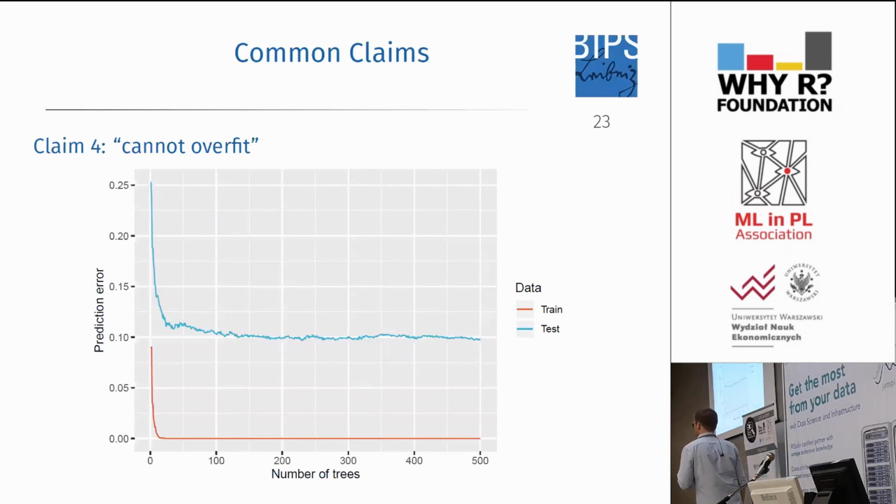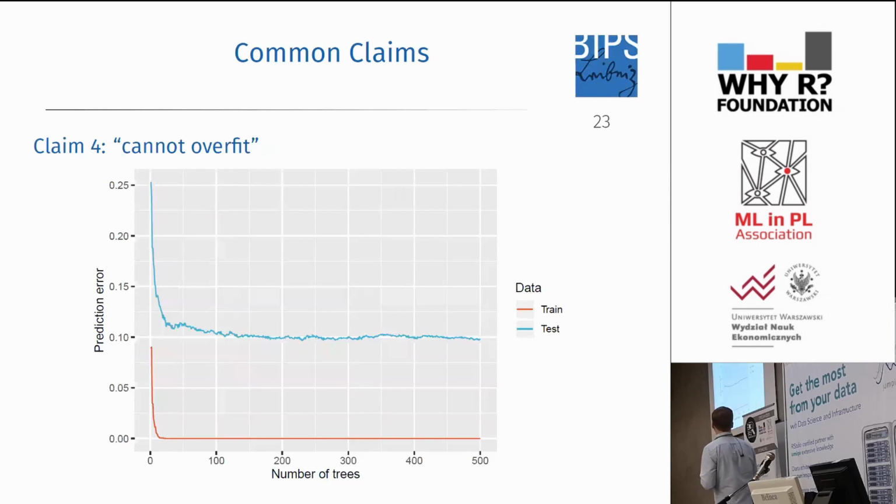And first, if you stick to that definition of overfitting, you see here that at about 100 trees, it starts to stabilize, and the prediction error stays the same. So you could say it's not overfitting in the sense that the prediction error is not getting worse if you add more trees. But still, the training error is already 0 quite fast.